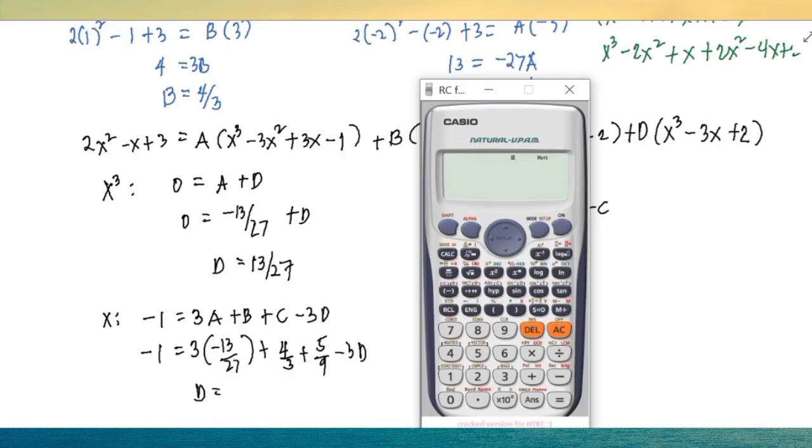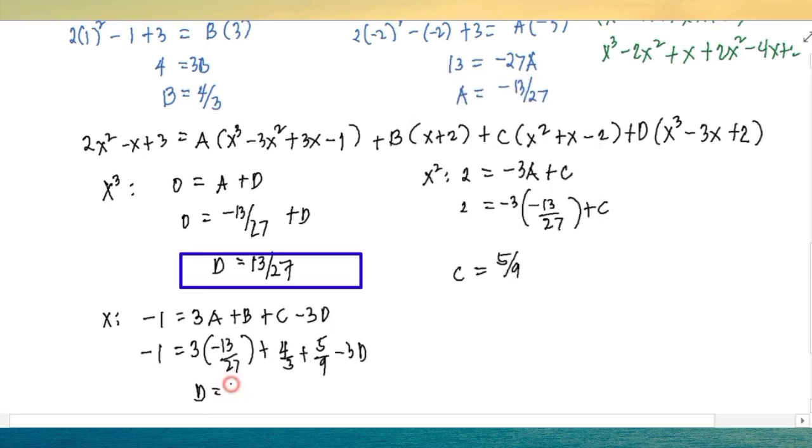So in order for you to have your x na naka-fraction, x is equal to 13 over 27. So we have here d is equal to 13 over 27.